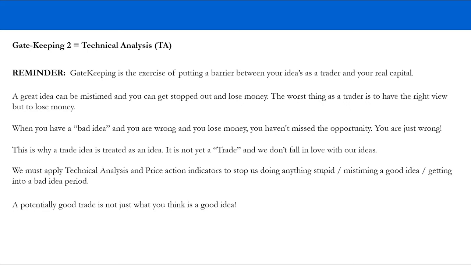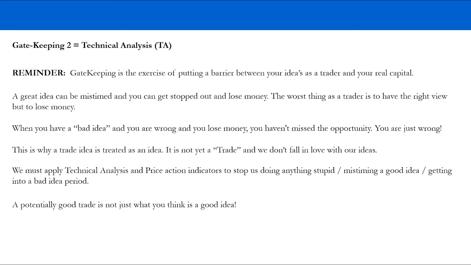And then we overlay this, once these positions become real positions, with risk management. And when we've traded out of these positions and we've either made a profit or a loss, we then have our self-awareness statistics or trader metrics in order to measure our performance.